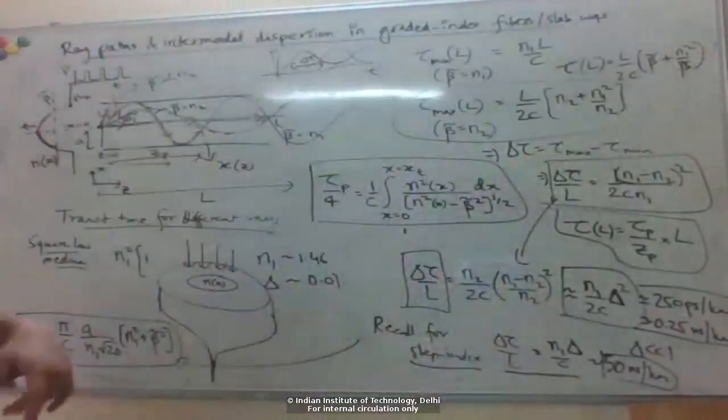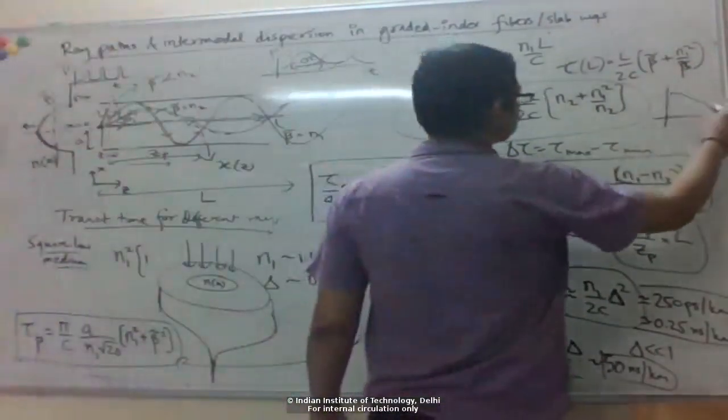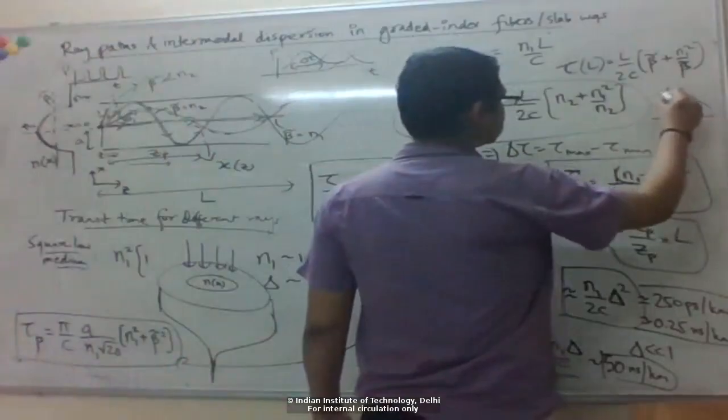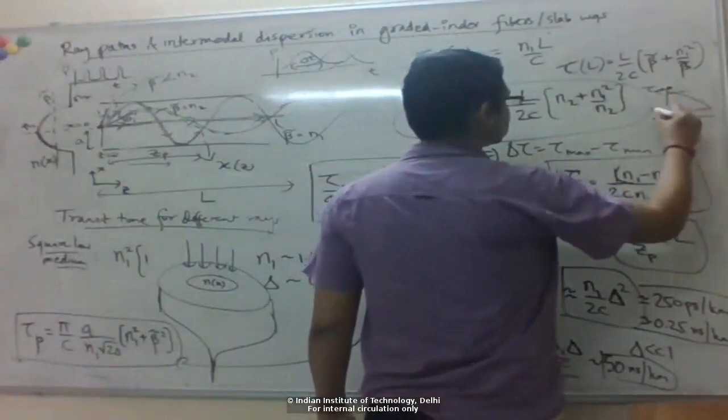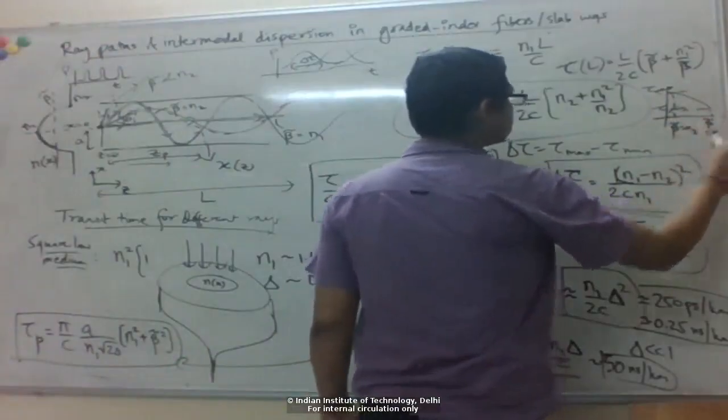So it will just be a monotonic function. It will look like this. So this is tau max, this is tau min. This is beta equal to n2 and this is beta equal to n1.